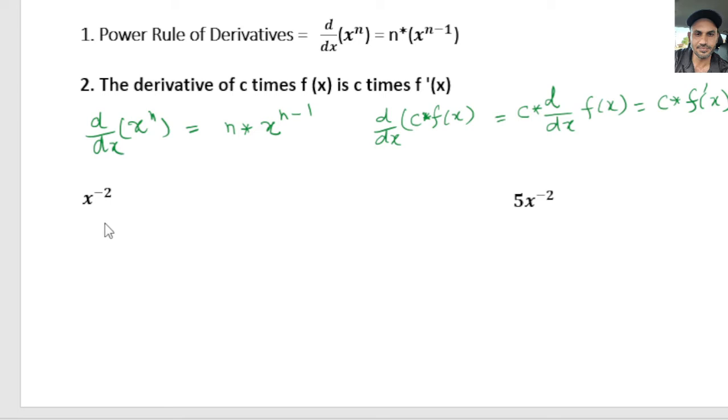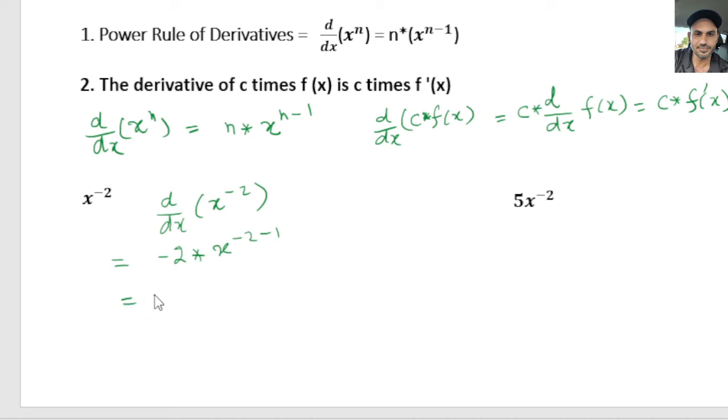So we have x to the negative second power, and we want to take the derivative of this function. So we want to take d over dx of x to the negative 2. We don't have any constant multiplying with it, so we can just use this formula directly. We take the negative 2, make it the coefficient, x to the negative 2, and we subtract 1 from the exponent.